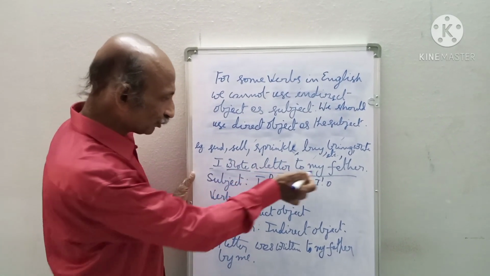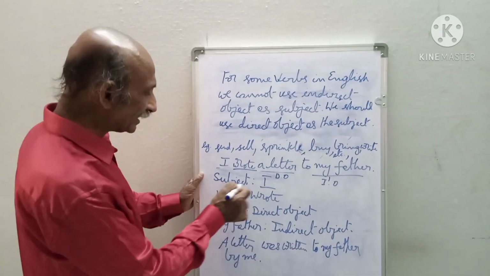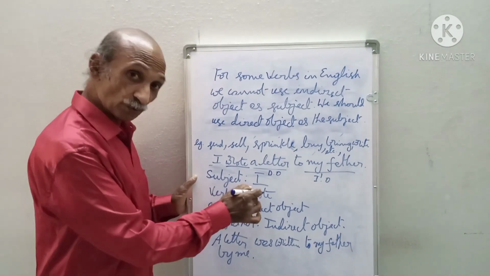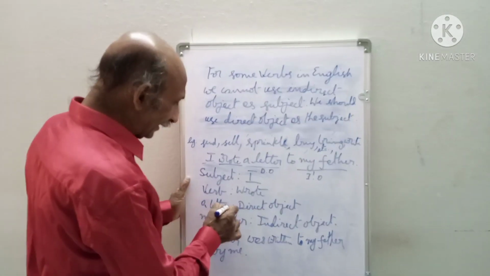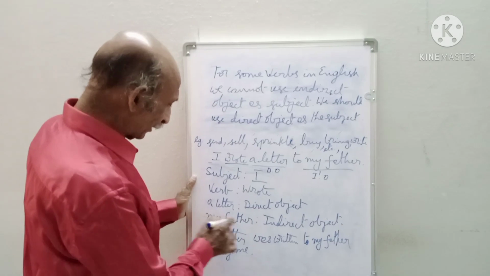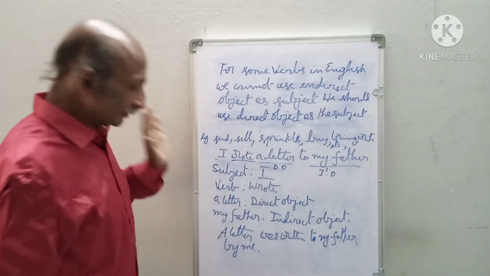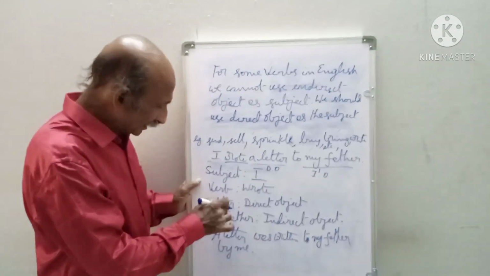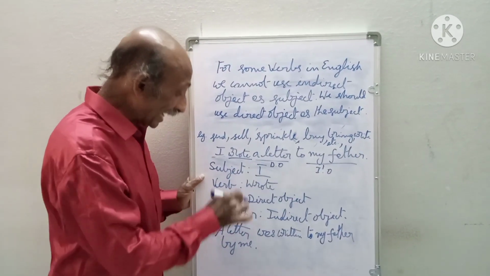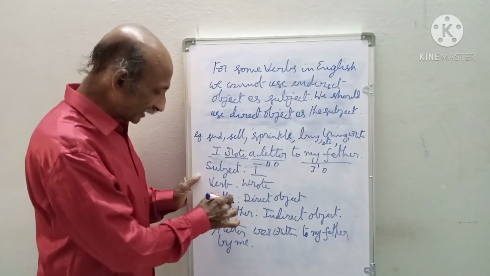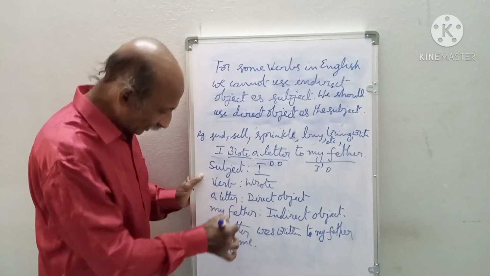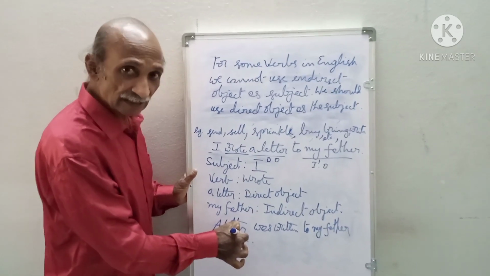I wrote a letter to my father. Here subject is I. Verb is wrote. A letter is direct object. My father is indirect object. So in this context, we should begin the sentence with the direct object as the subject. The direct object is a letter, so that one should be used as the subject.